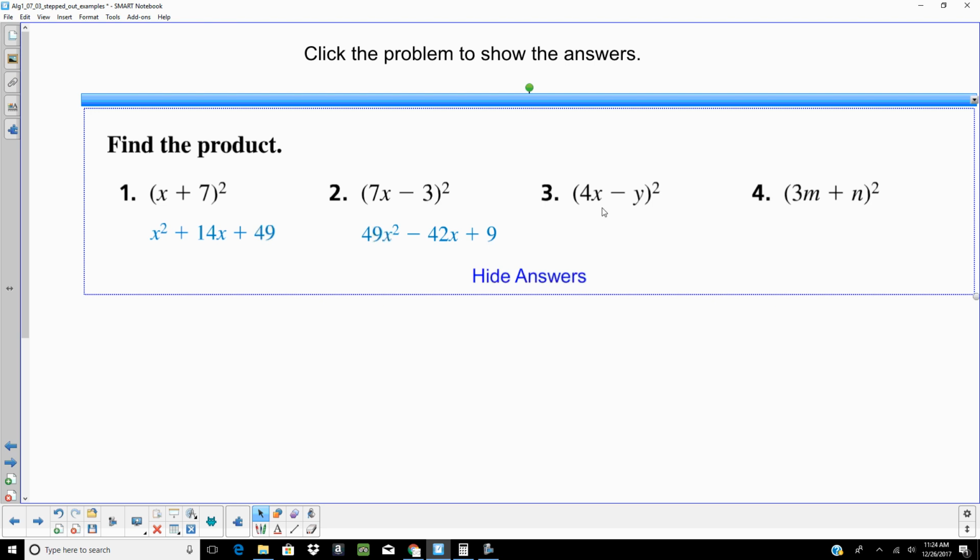Negative 3 squared is 9. 4x times 4x gives you 16x squared. 4x times negative y, negative 4xy, double it. Negative y times negative y. 3m times 3m gives me 9m squared. 3m times n is 3mn, double it, 6mn, n squared.